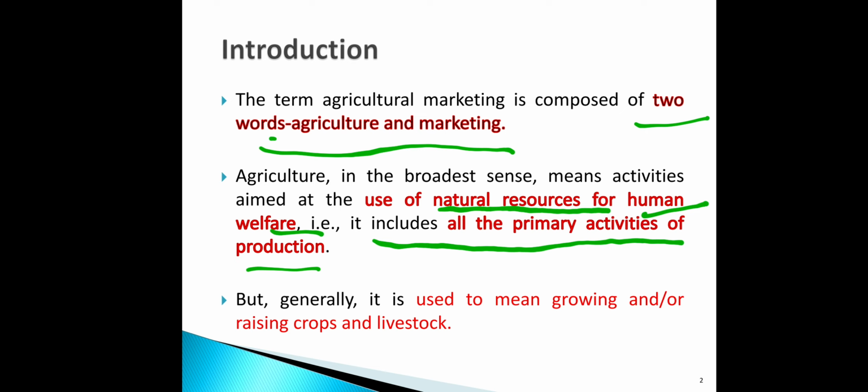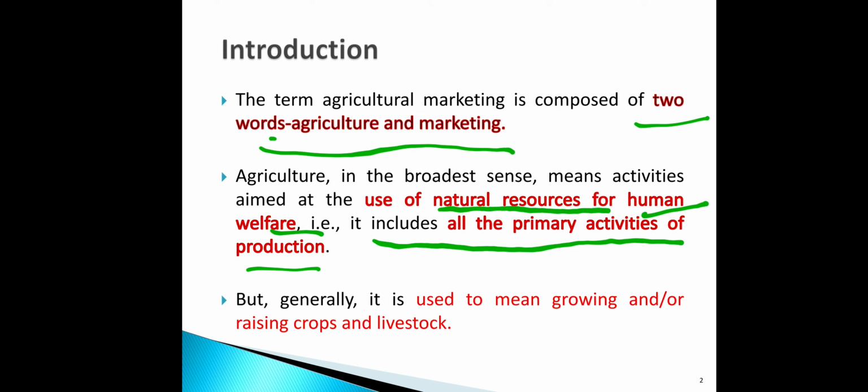So whatever production in the agriculture sector uses natural resources, and that output is useful for the welfare of humans, we call it agriculture. It is the broadest sense.